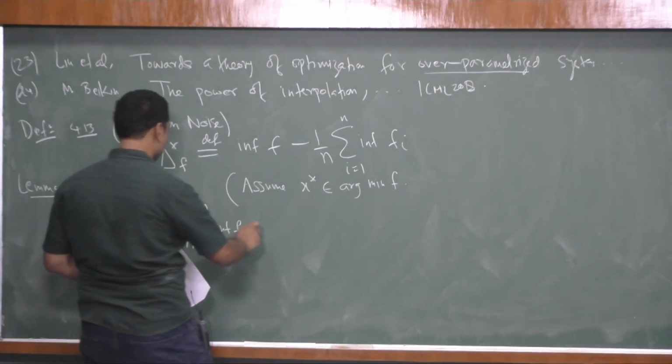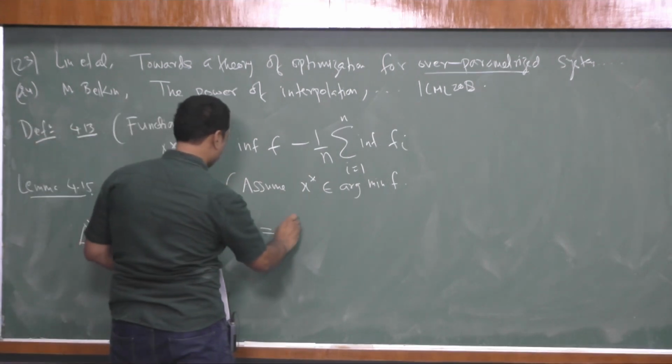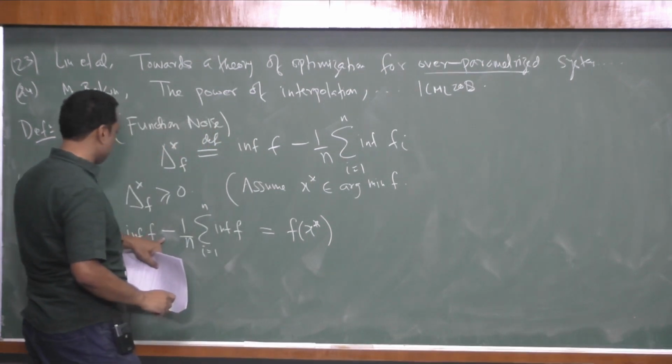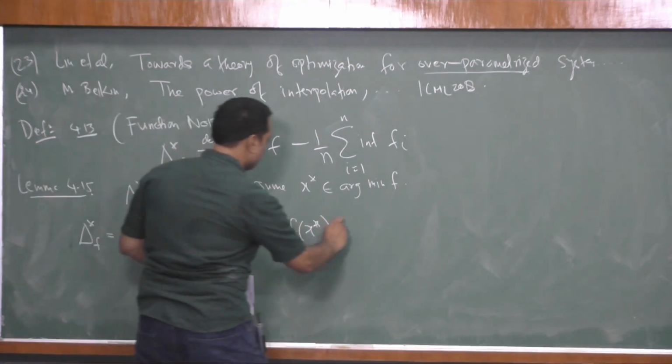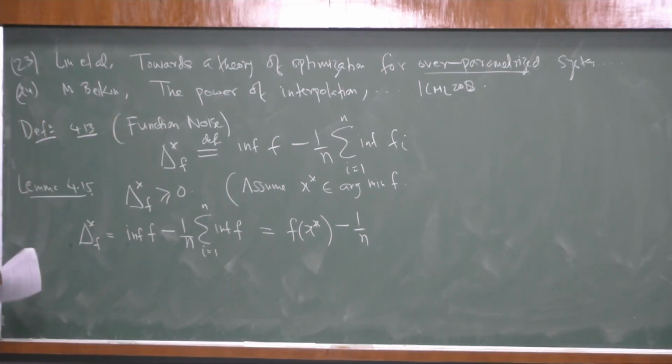one more step, let's say. So this infimum is achieved for the x star. So this is f x star, that's fine. Minus 1 over n, and then now infimum of f will be in general, if I put fi, right?